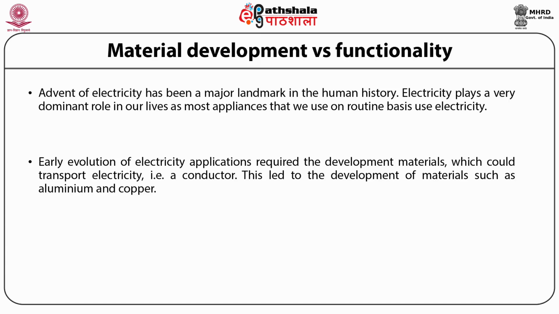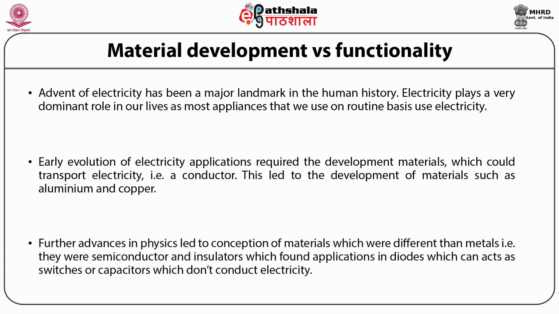This led to the development of materials such as aluminium and copper. Further advancement in physics led to the conception of materials which were different than the metals, that is, semiconductors and insulators, which found applications in diodes, which can act as switches, or capacitors, which don't conduct electricity.